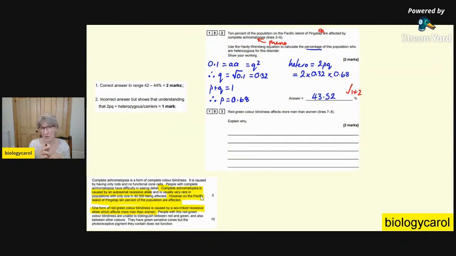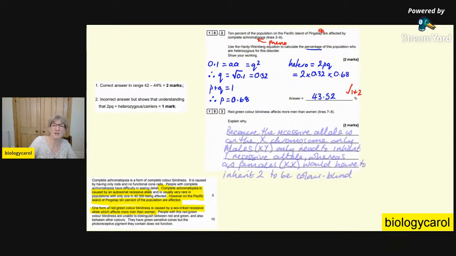It's only on the X chromosome as far as A level biologists are concerned. So if it's only on the X chromosome, that means males, being XY chromosomally, only have the possibility of having one allele. If they inherit the recessive allele, they will be red-green colorblind. They will have that characteristic.